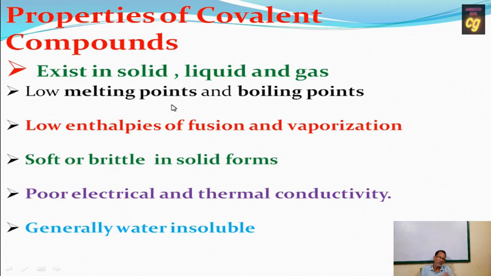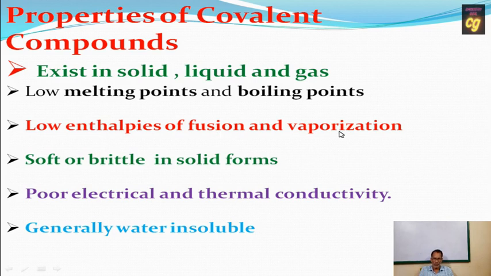That's why they have low enthalpy of fusion and vaporization. Enthalpy means heat. Low heat is required to melt and vaporize covalent compounds.